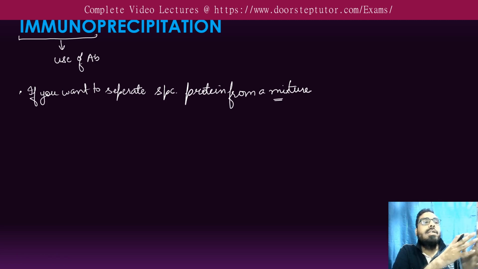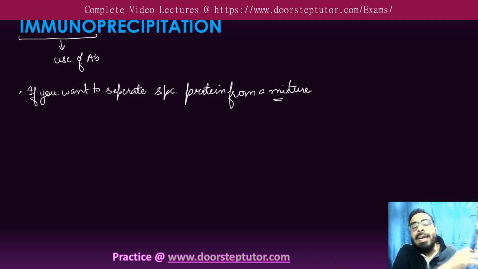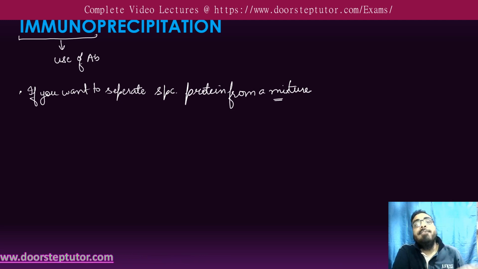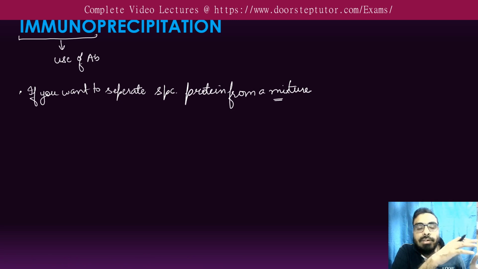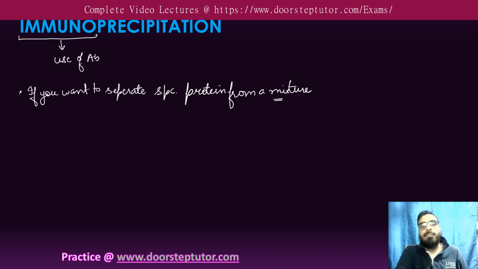that mixture contains different types of proteins in it, and when you add antibody, the antibody will form an antigen antibody complex, and the antigen is the protein of your choice. Finally it will settle down, and you can release that specific antigen antibody complex from the whole mixture, extract the antigen from there, and then study the antigen of your interest.